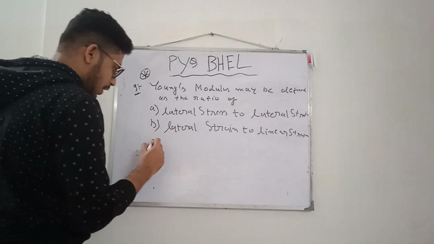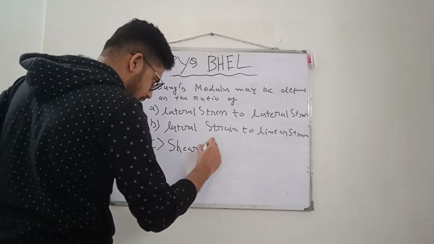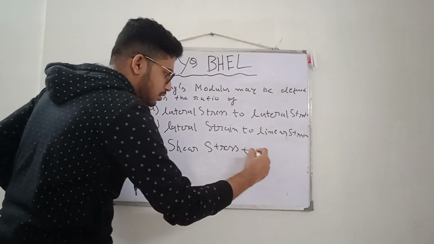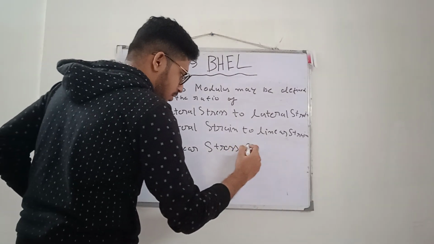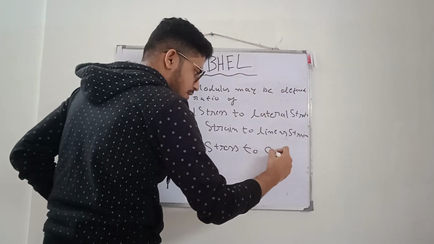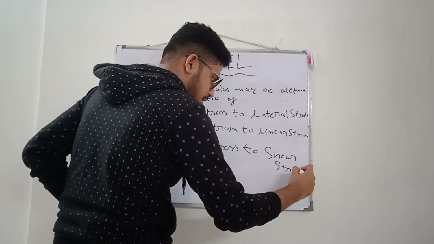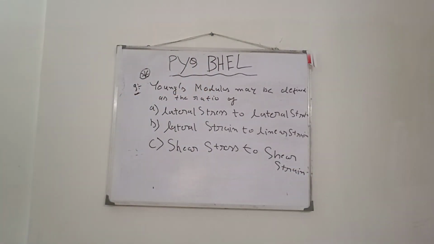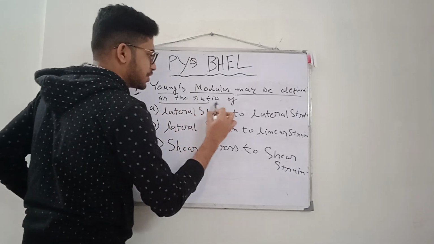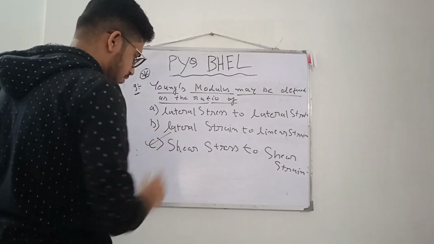Then option C, shear stress to shear strain. Okay, Young's modulus may be defined as the ratio of what? You have to remember this: shear stress to shear strain.